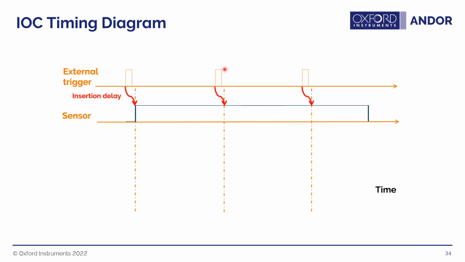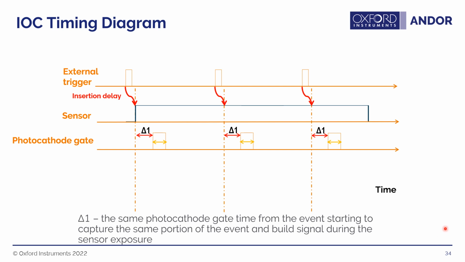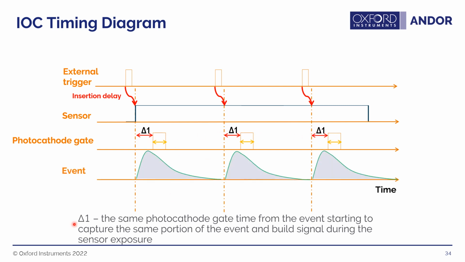Otherwise, this trigger is used for the photocathode. After each one of these other triggers coming in, you can see the same insertion delay each time. You're trying to take data at the same time delay each time that repeated phenomenon happens, to average together the signal.